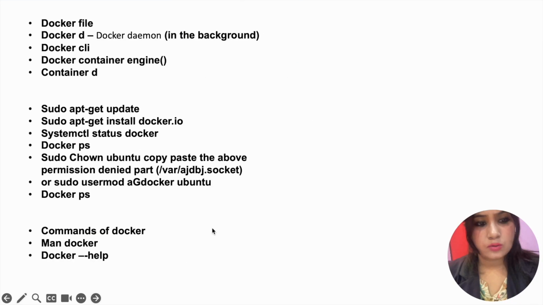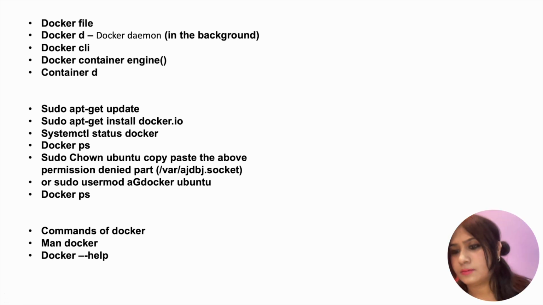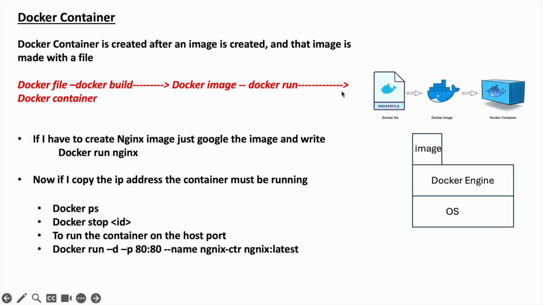Now we will again study and check what exactly a Docker image is and how it is created. In this diagram you can see we have this Dockerfile, supposedly our developer has given us this Dockerfile. From that Dockerfile our Docker image is created, and through the Docker image our containers are created.